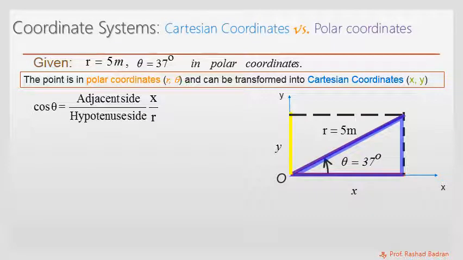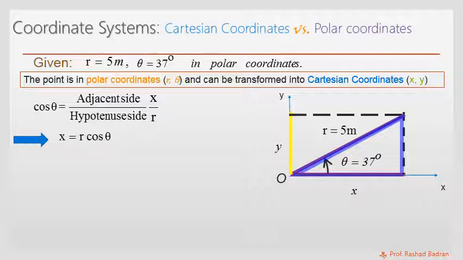Using the trigonometric relation, cosine theta equal to the adjacent side x over the hypotenuse side r, we will be easily having the adjacent side, which represents the x coordinate, equals r cosine theta.